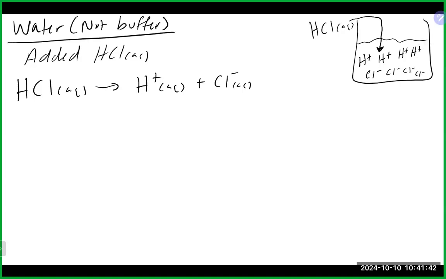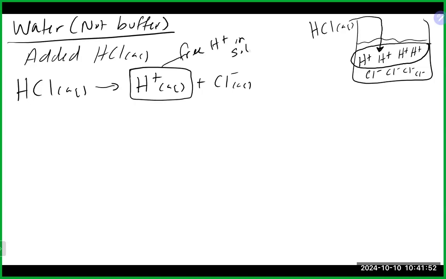Now, what I just did to this water, which is not a buffer, is I now have a tremendous amount of free H plus in that solution, which means in that water solution, the concentration of H plus went up a lot. What's going to happen to the pH? The pH is going to go down a lot, yeah?